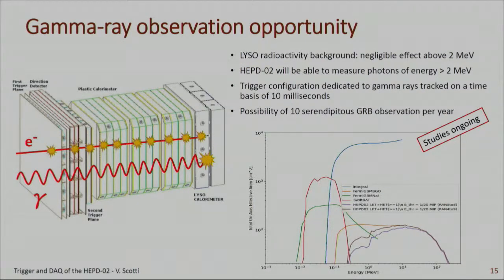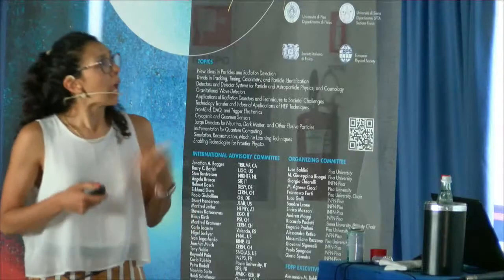And I'm going to conclude with a serendipitous slide because in the last few years, multi-messenger is something that all the astroparticle experiments are trying to do, and we explored the possibility to study gamma rays with our system using the LYSO crystal that we have at the end of the calorimeter.